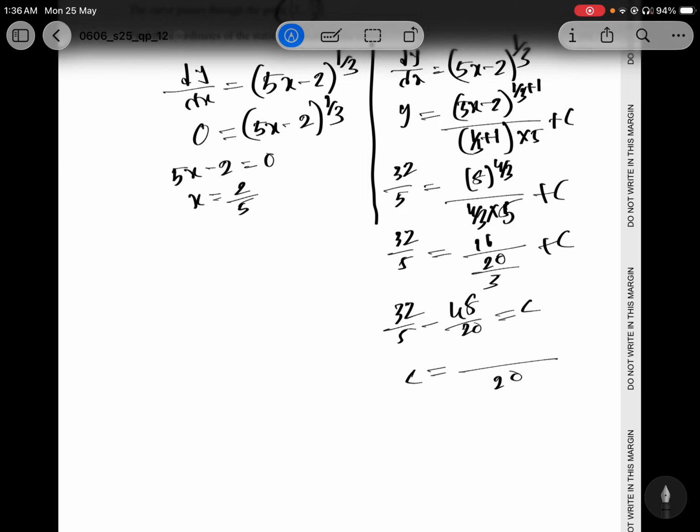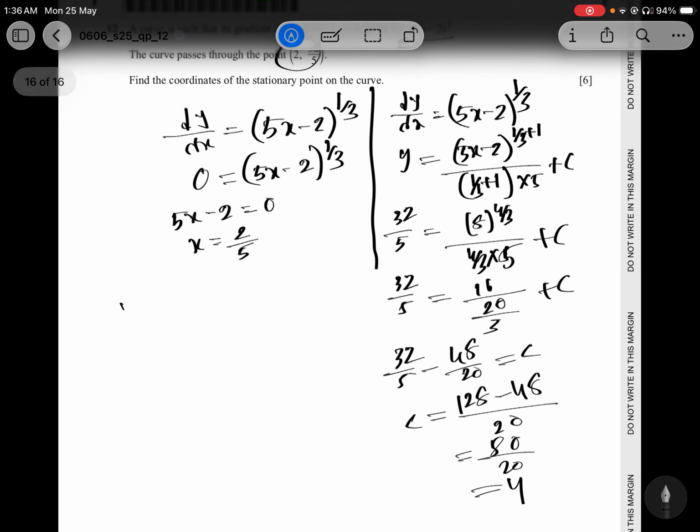So c is 4, right? So our curve y is 5x minus 2 to the power 4 by 3, 4 by 3 times 5 plus 4 here. Very annoying question.